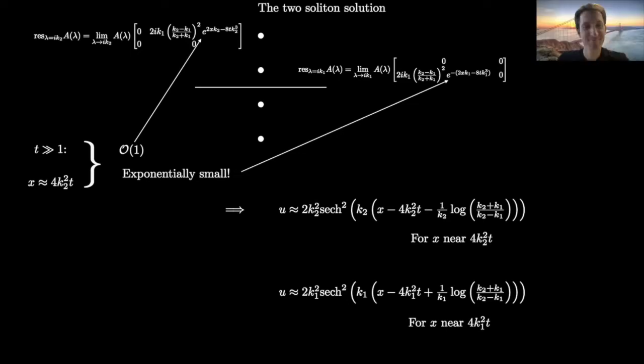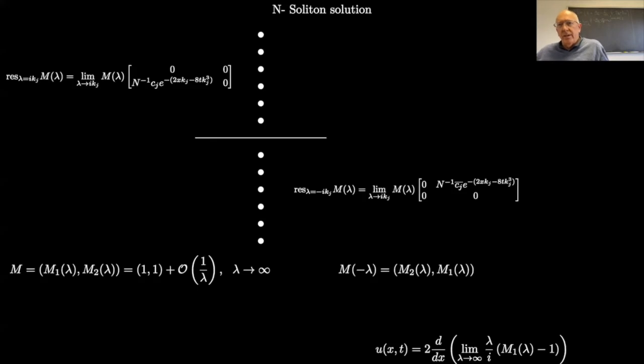Okay, so that's the case of 2 solitons. And now you can ask, I wonder if there is a similar beautiful representation that encapsulates all of the possible phenomena for an n soliton solution. I think it's a glorious moment in the talk to celebrate this picture.